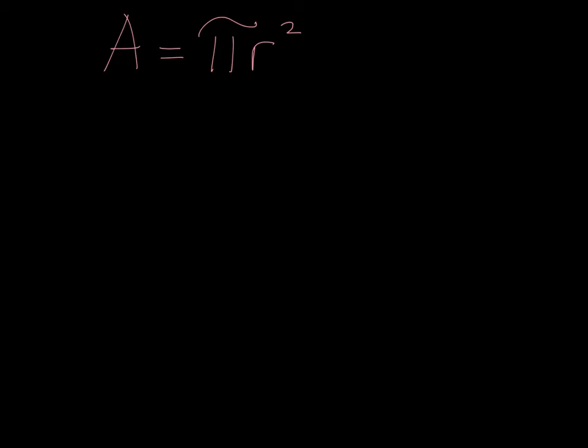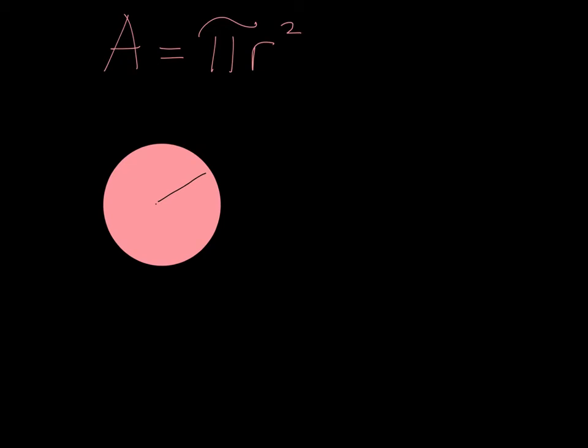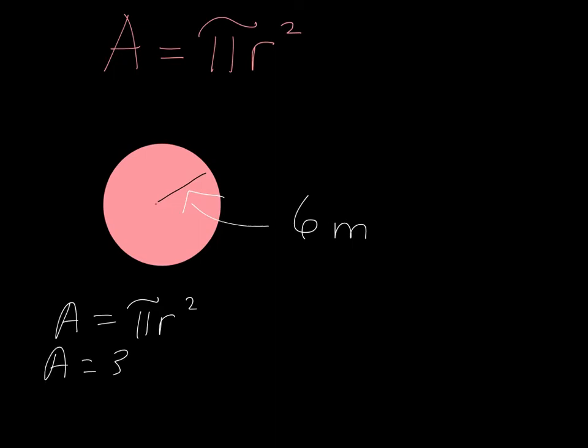Just say you have a circle and you are given the radius. The radius is, let's say, 6 meters. Now calculate the area of the circle. So again, you'd go area equals pi r squared. Area equals 3.14 times the radius, which is 6 squared.